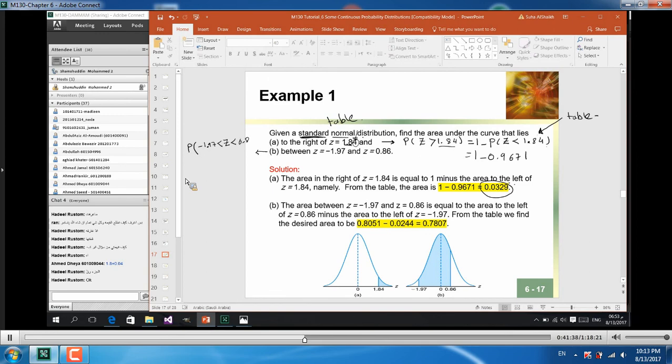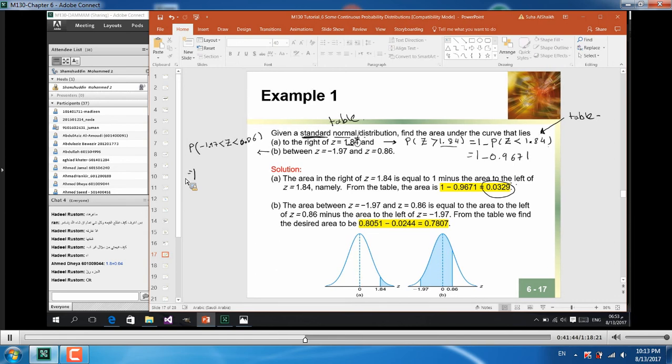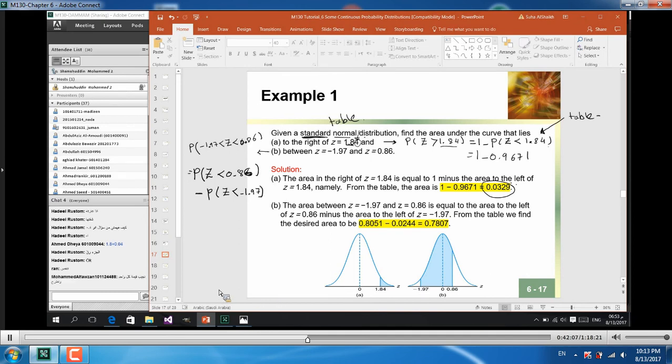What's that? The probability between minus 1.97 and 0.86, okay, what did we agree? This equals the probability of Z less than 0.86 minus the probability of Z less than minus 1.97. Each one of them can be found in the table.